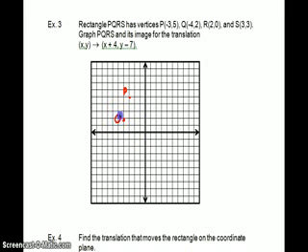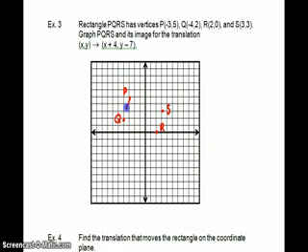That's Q. R is at positive 2, 0. And S is at positive 3, 1, 2, 3, positive 3. That's S.